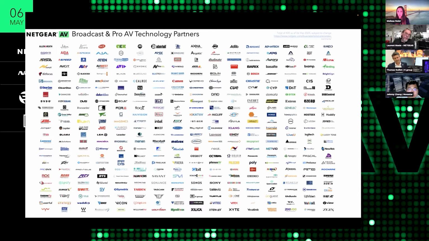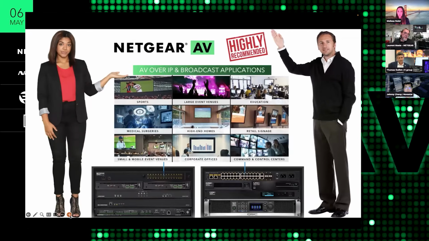But moreover, if you happen to have other types of AV distribution or AV encode decode in your control room, you'll be glad to know that the AV switches at Netgear AV are all certified. So there's no wonder why by now Netgear AV is the most recommended switch platform when it comes to switching and wiring.